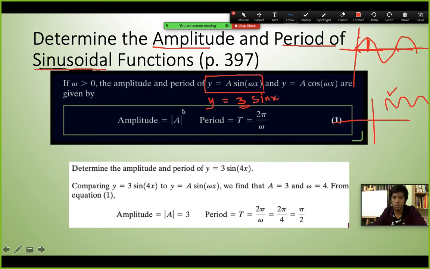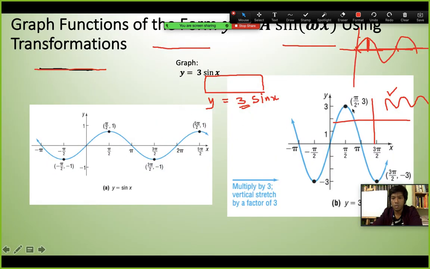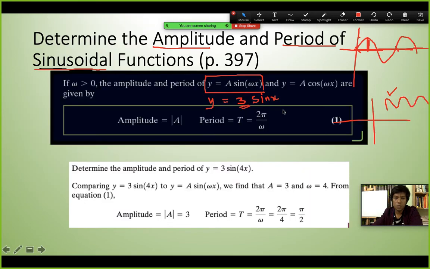There was some vertical stretch of 3 units. If you have this 3, this brings our graph, for the vertical stretch, to 3, and this goes to 3 on the y-axis. So this number will do that work.